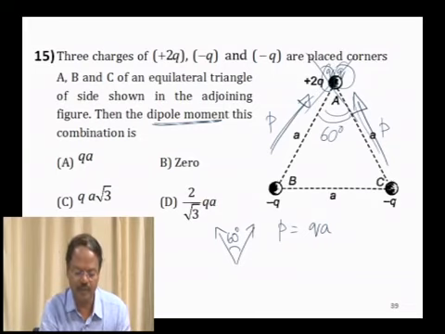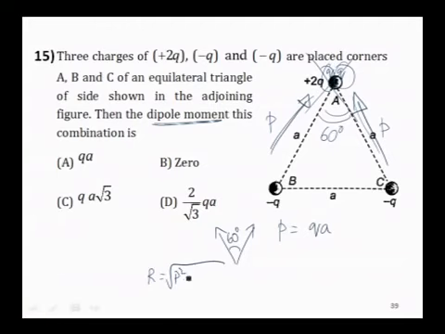Remember your first PUC equation, R is the root of p square plus q square plus 2pq cos theta, to find the resultant of any two vectors from the parallelogram law. Here both are p. So it becomes root of p square plus p square, which is 2p square, plus 2p square, because pq is p square and cos 60 is half.